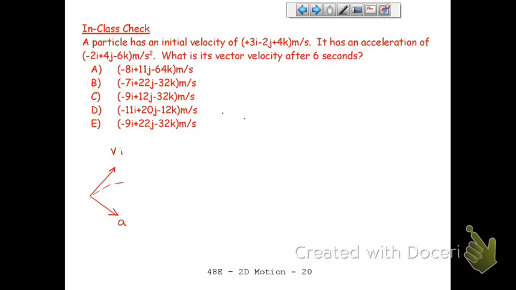So I can guess that my path is going to be something like that. And at the end of my path, my V final is going to be something like that. This is t equals 0 seconds, and this is t equals 6 seconds.